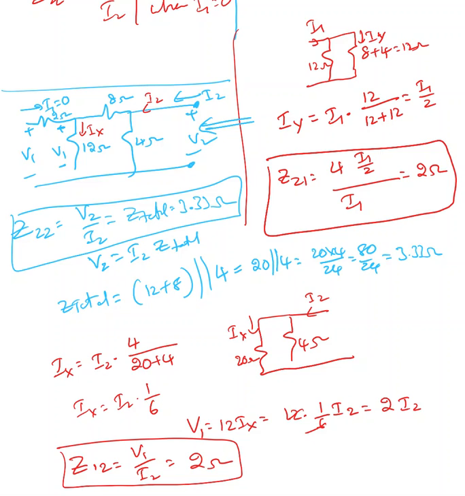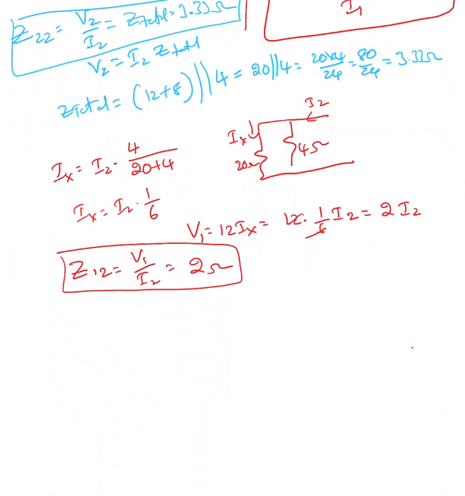Now I found all 4 parameters. The parameters I have: Z11 equal to 8 ohm, Z12 equal to 2 ohm, I believe Z21 is also 2 ohm, and Z22 equal to 3.33 ohm.